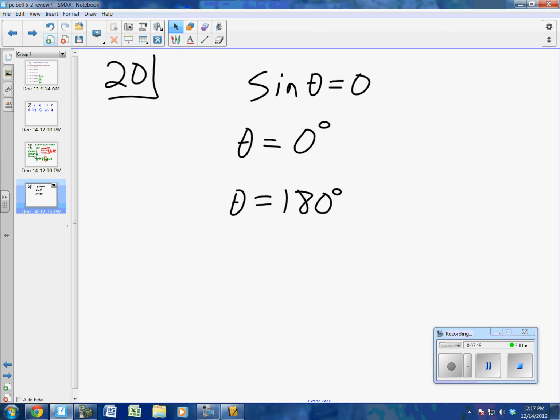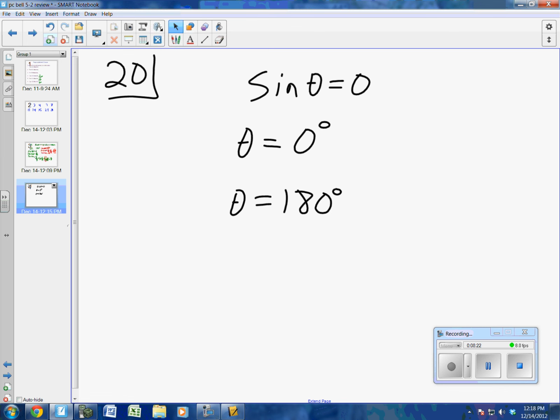If you took the sine of 180, okay? Coterminal with one of these two angles is going to work. Because where's the next 180 land? Every time you go to an angle that's coterminal with one of these, you're going to land right here, and its y value is 0.